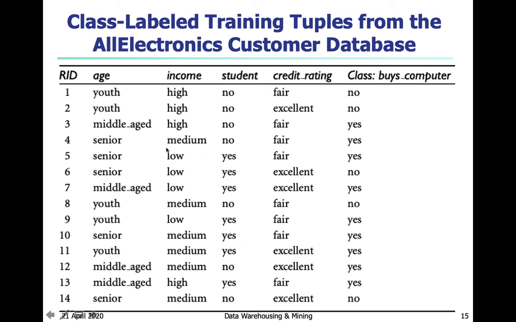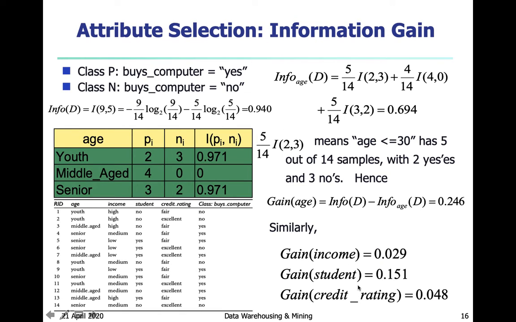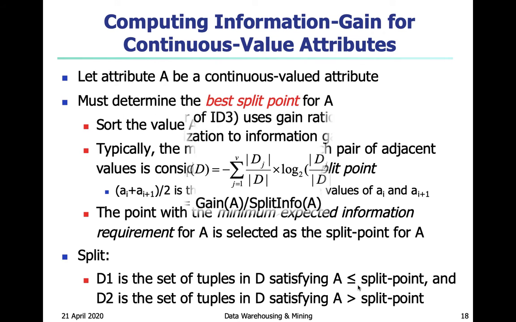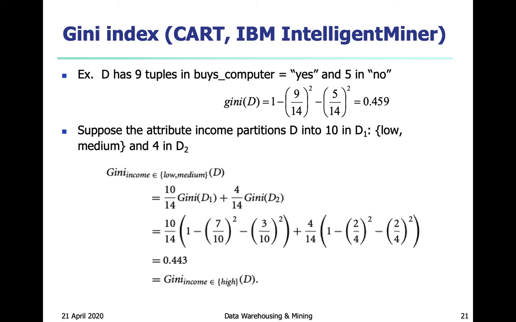You just check it. 1, 2, 3, 4, 5, 6, 7 yes and 3 no. And among these 4, there are 2 yes and 2 no. Clear?